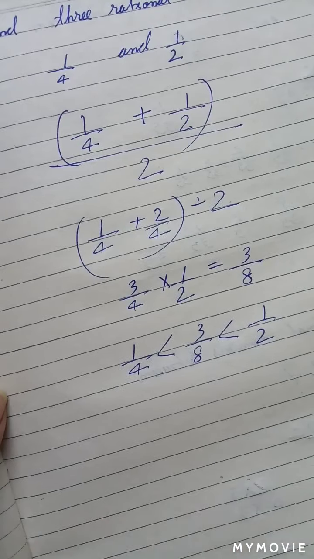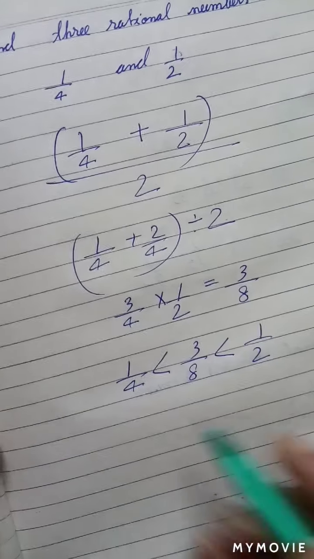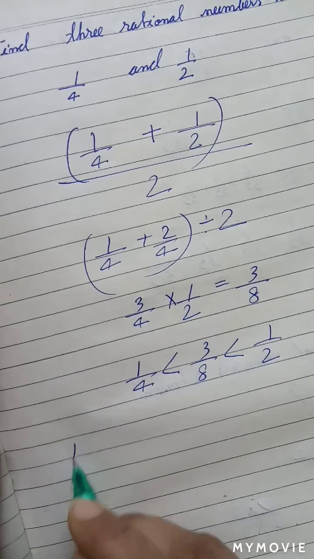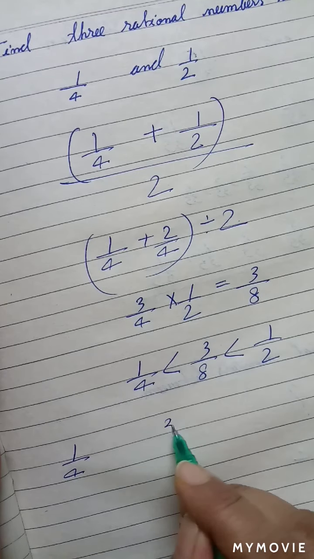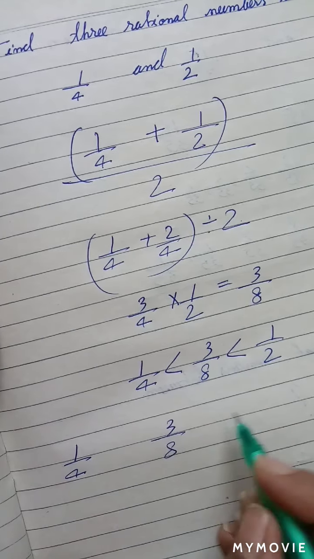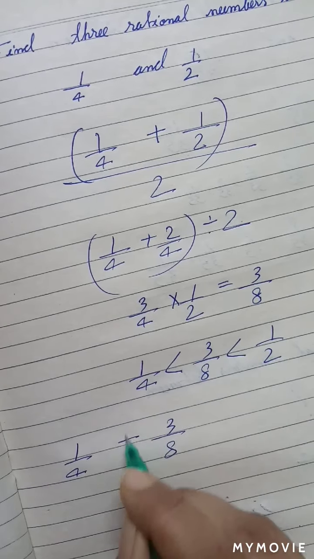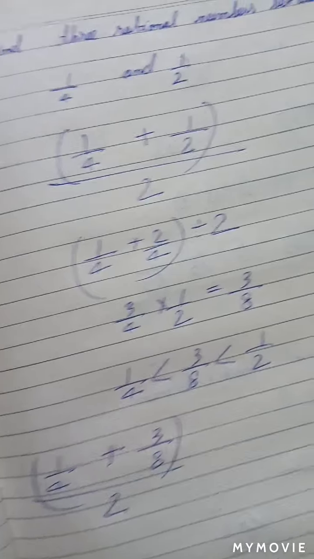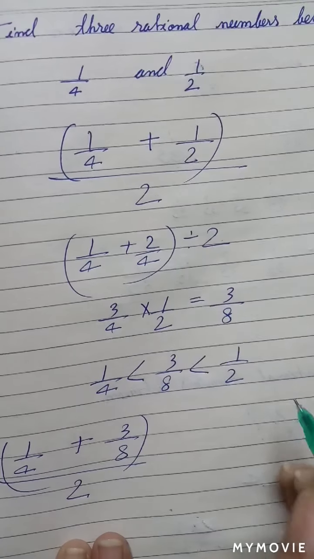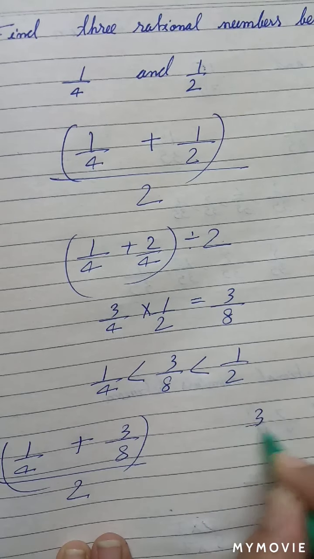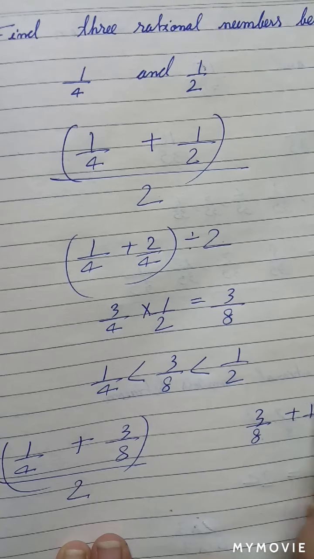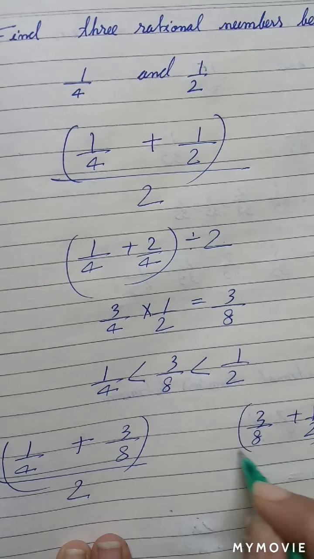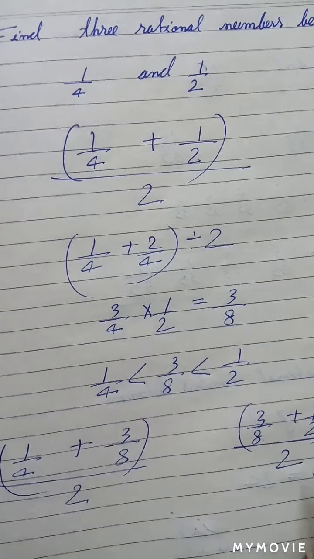What we can do at this stage is group 1 by 4 and 3 by 8 together, add them and divide it by 2, and group 3 by 8 and 1 by 2 together and divide it by 2.